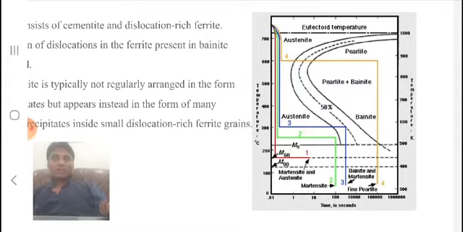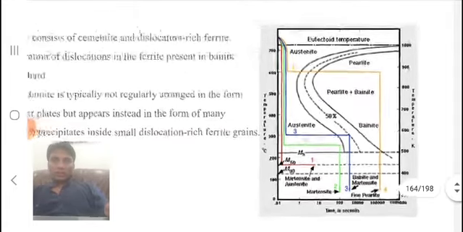Therefore isothermal annealing is not done on heavy sections. It can be done only on small sections, small components. Whereas full annealing can be done on any size or any shape of the component.